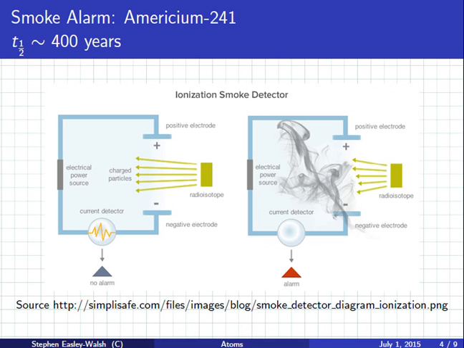And the current turns on. And then smoke comes and the radioactive source cannot ionize the air, so the current turns off and the alarm turns on. Full marks.